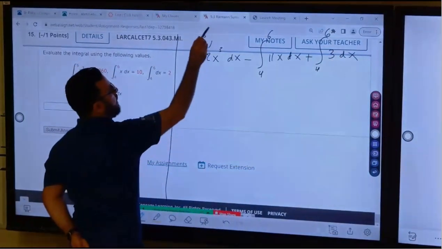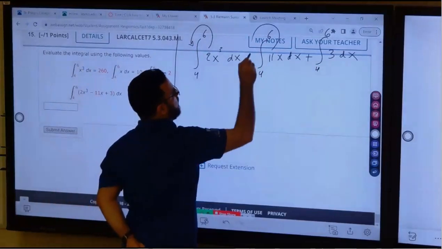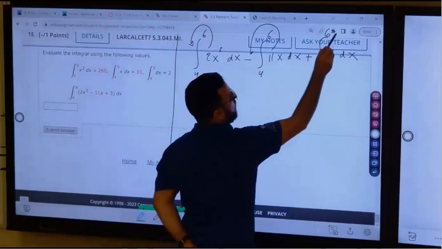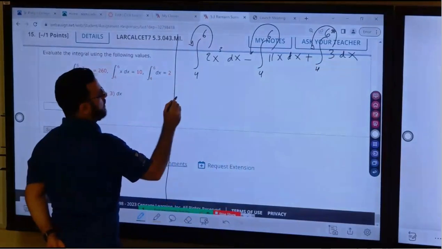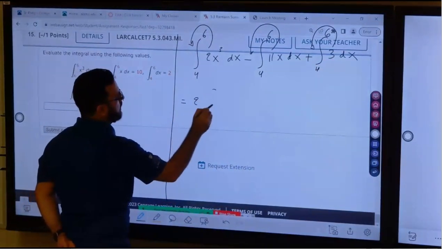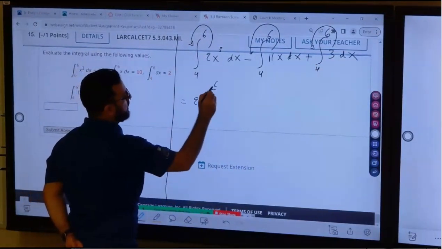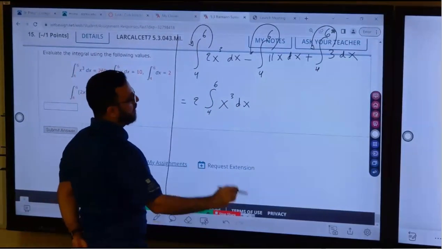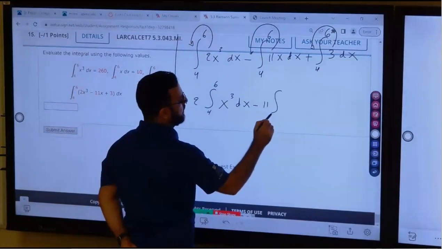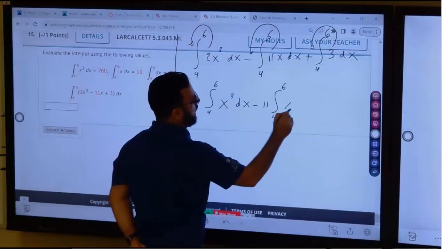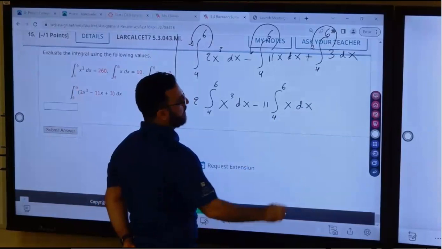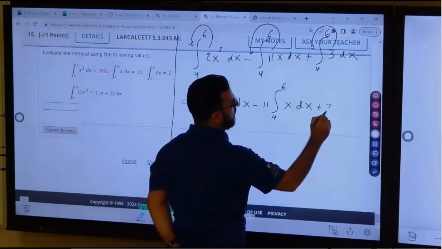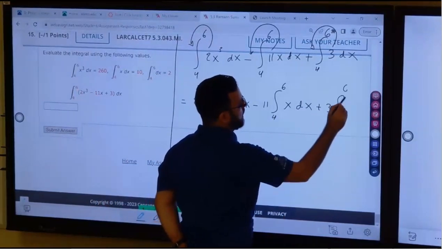Move the numbers outside the integral: move the 2, the 11, and the 3. So this equals 2 times the integral from 4 to 6 of x cubed dx, minus 11 times the integral from 4 to 6 of x dx, plus 3 times the integral from 4 to 6 of dx.